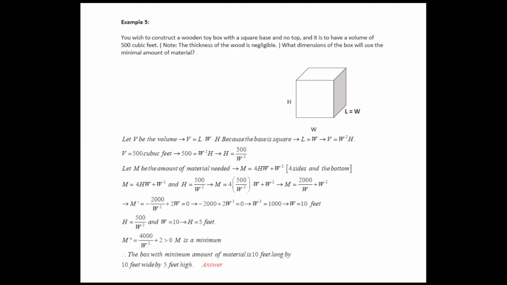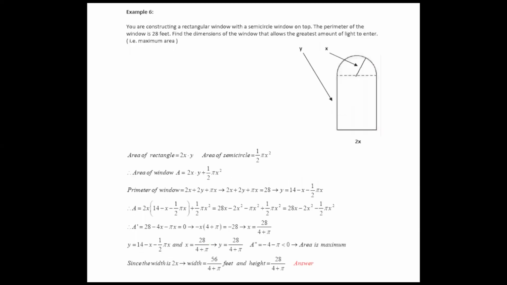A little harder problem. Now, example 6. You're constructing a rectangular window with a semicircle window on top. Now, a semicircle is half a circle. So what we have here is a window with a bit of glass, and this part is rectangular, and a semicircle part is on top.